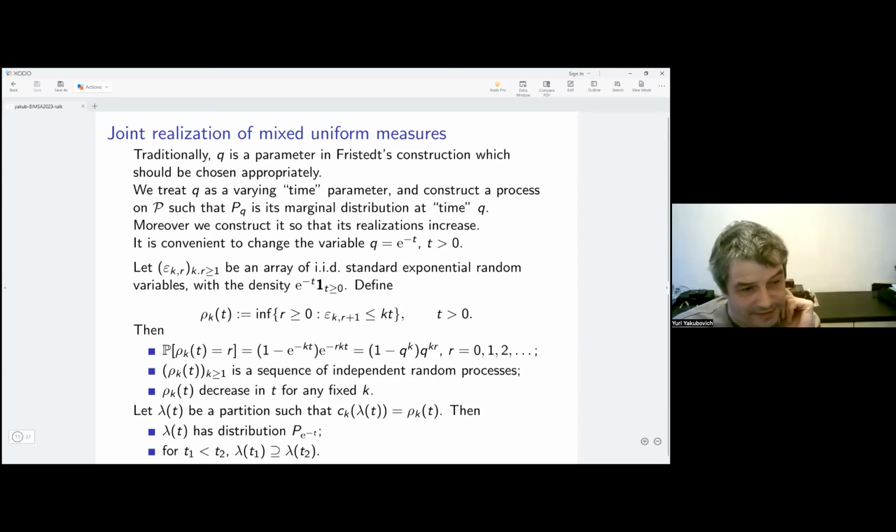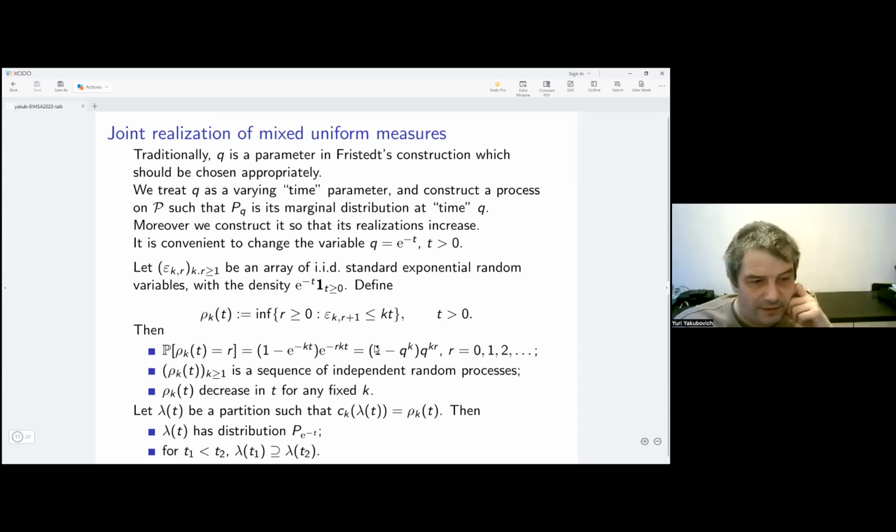So let us consider an array of exponential random variables, which means that the density is just e to the power minus t.